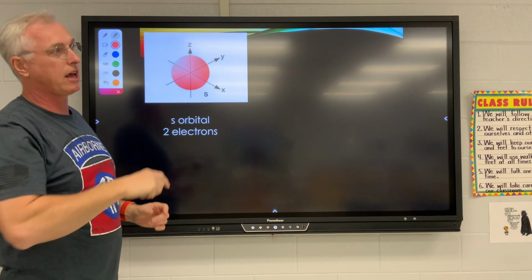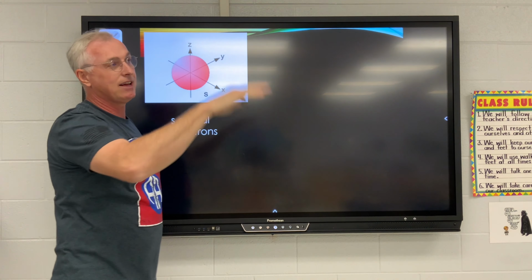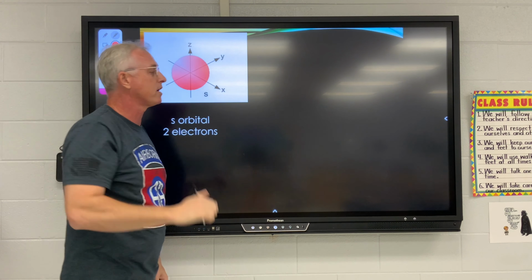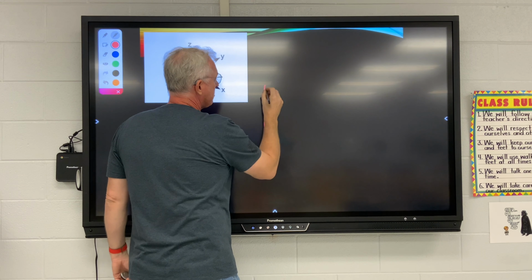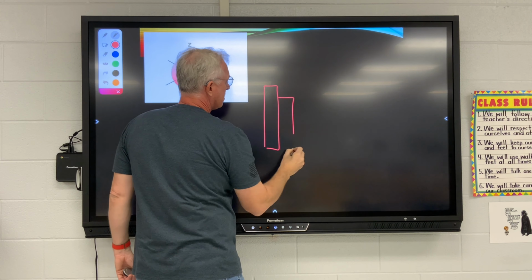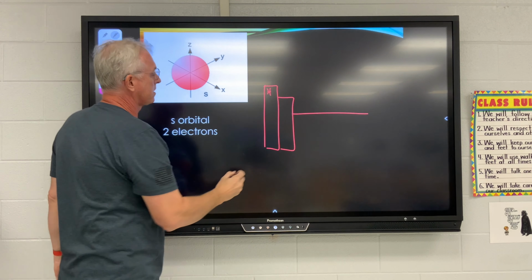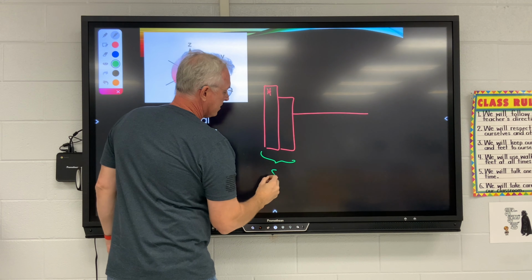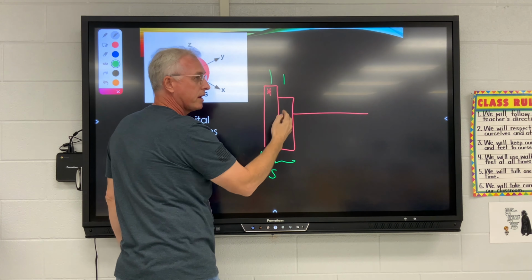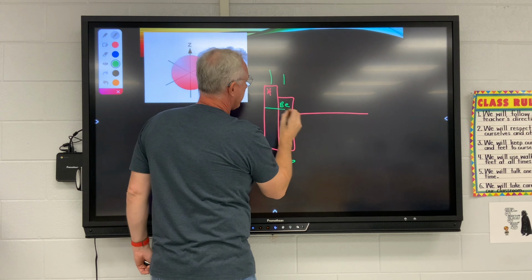And when you look at the periodic table, I see the 1s, the 2s, the 3s, the 4s. Hydrogen's right there. This area right here is the s block. You'll notice the s block is 2 columns. That's hydrogen there, beryllium there, and again, you can get a periodic table.